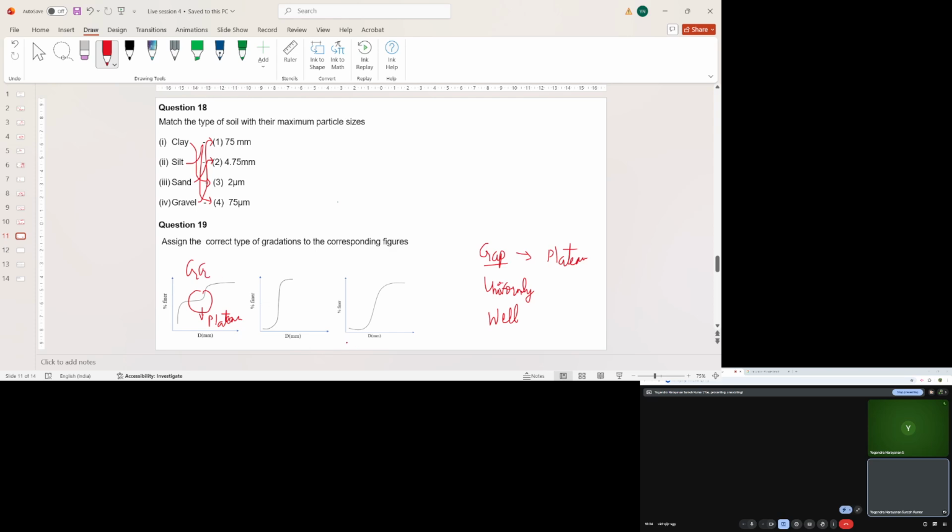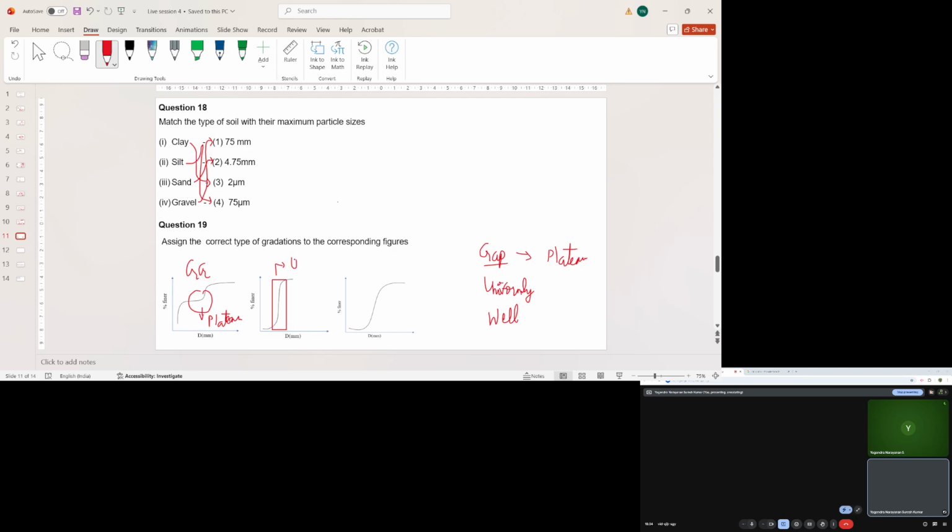Coming to the second graph, you see that there is a sharp drop in the curve. That means most of the particles are present in a particular size range, so the gradation is uniform.